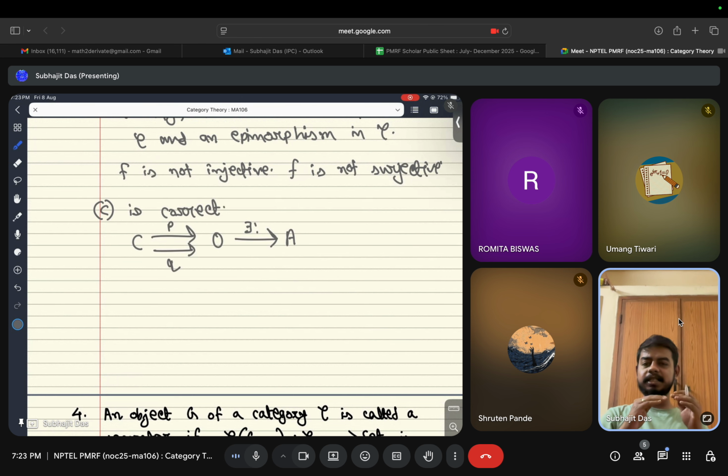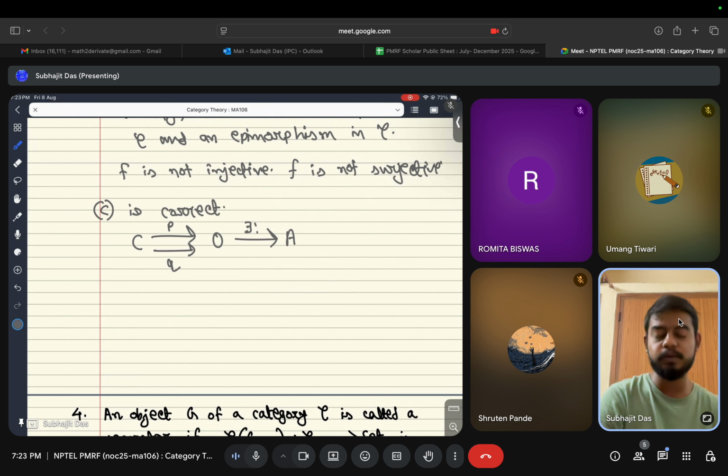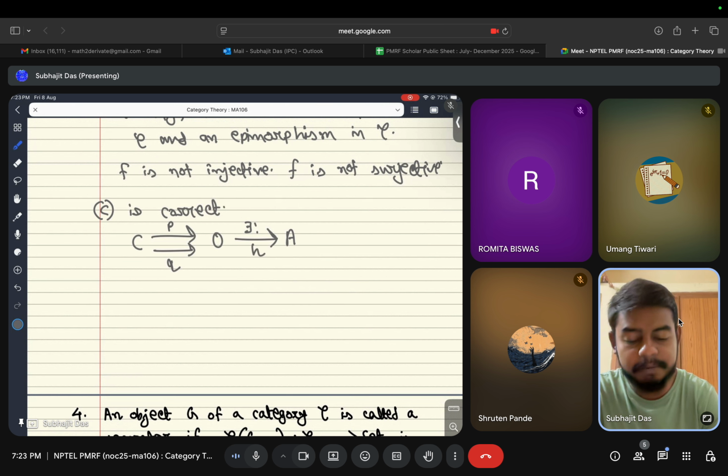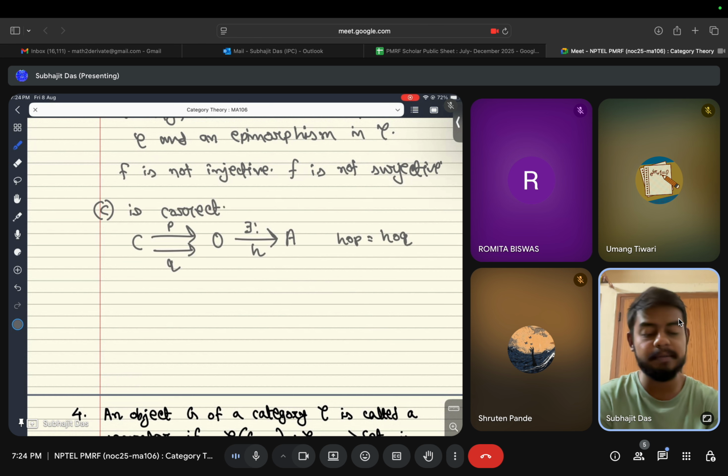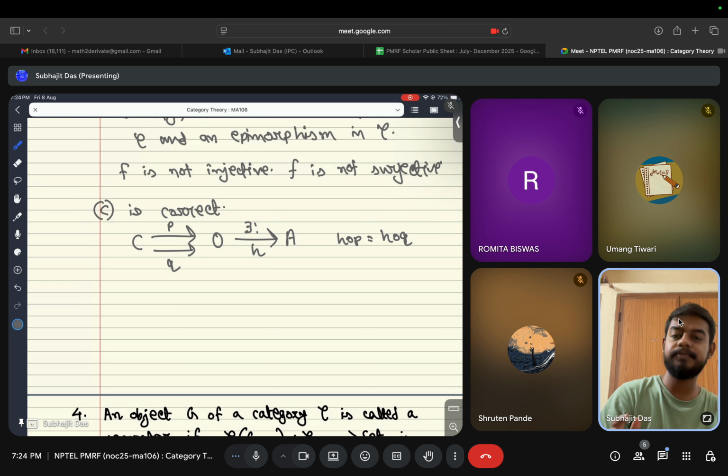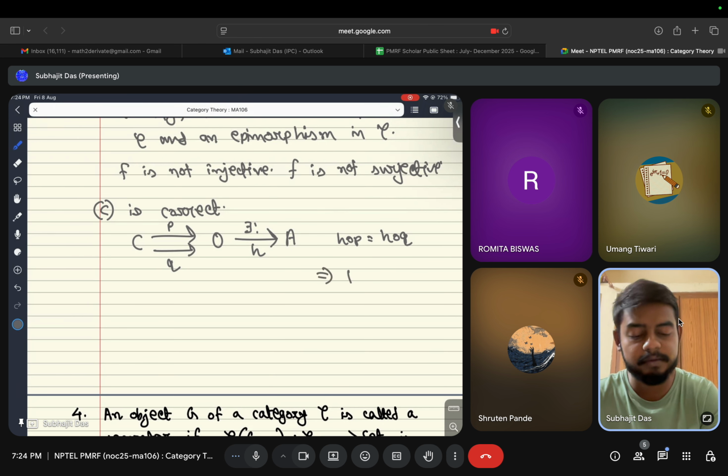Let's call the unique map H and assume that H composed with P is H composed with Q. We want to show that P is equal to Q. Since 0 is a zero object, it is a terminal object, so there is exactly one arrow from C to 0. We have taken two arrows P and Q, so P is equal to Q, as 0 is terminal.